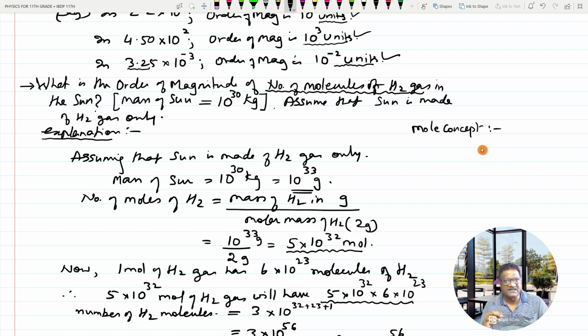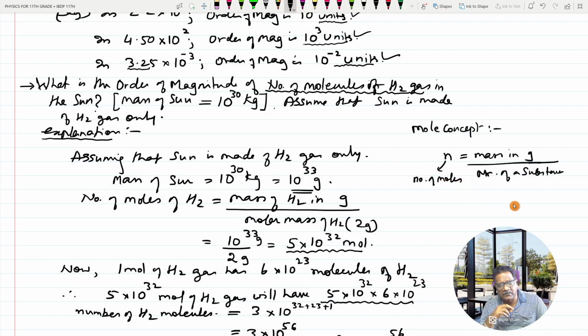So mole concept is what? In this mole concept, there is a formula called N equal to mass in grams upon the molar mass of a substance. Now, this N is number of moles, right? So this formula we are going to make use of.